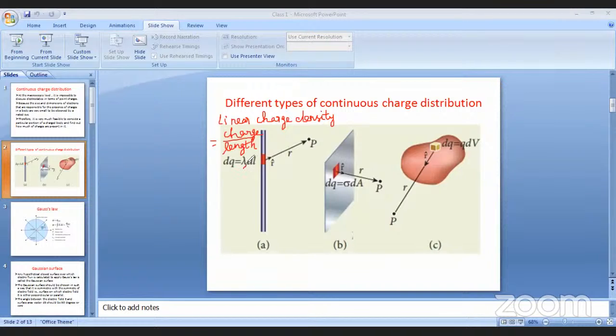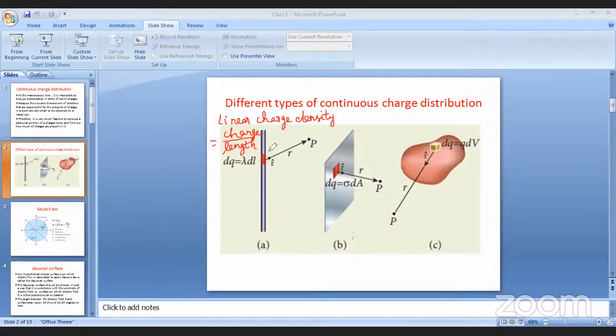Here this lambda is the linear charge density, or charge per unit length. For example, when the length of the wire is 12 meters and you have 48 charges in this 12-meter length, the linear charge density will be 48 divided by 12, that is 4.